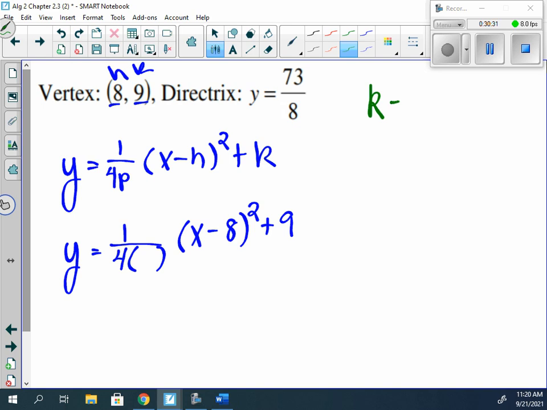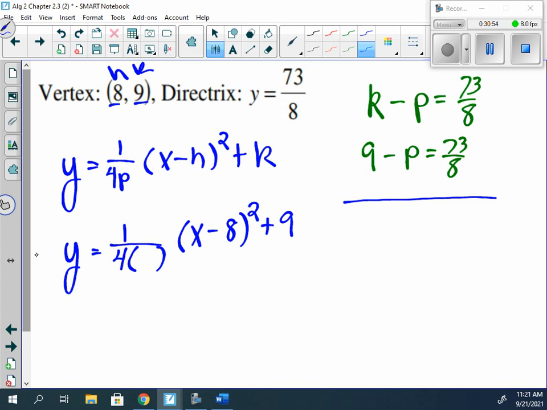K minus p, and this here is going to equal 73/8. Well, what is k? So we have 9 minus p is equal to 73/8. What would we do to both sides?